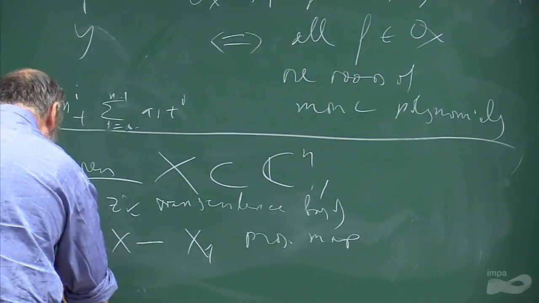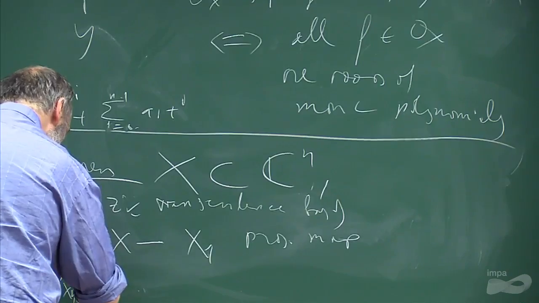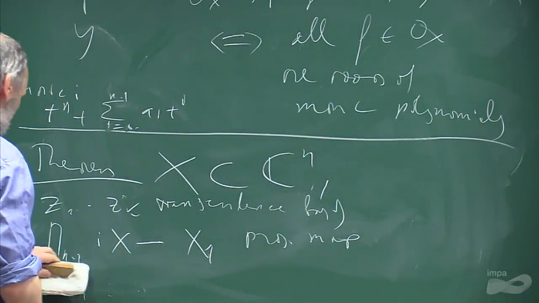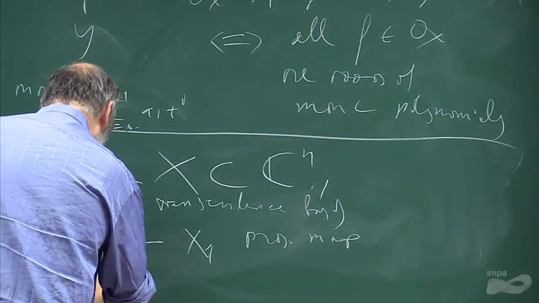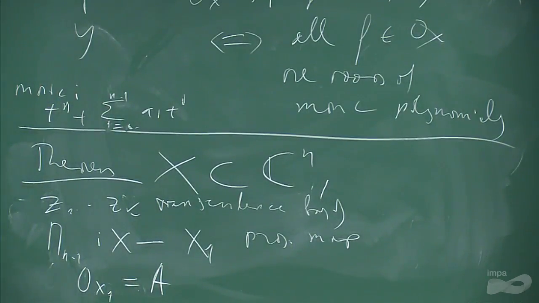Okay, and the image of this map, O of X1, is denoted by A. So this is notation.